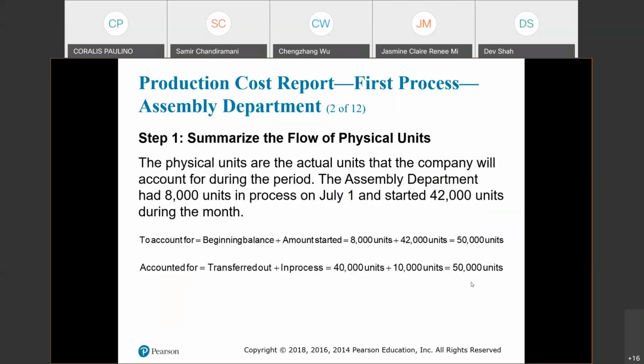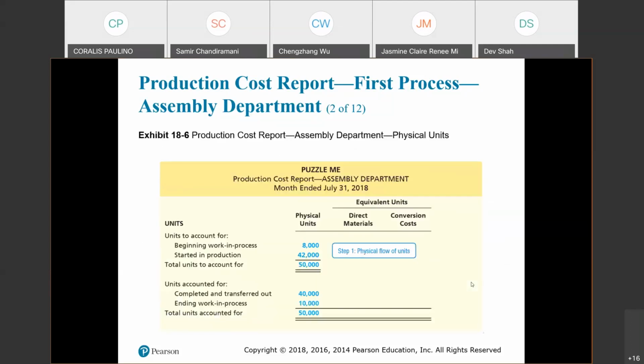You know how many units are at the beginning of the period, how many units are added in the period, how many are left in process and how many are completed and transferred out? This is the first step to complete the production cost report.